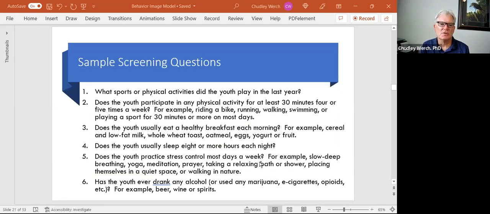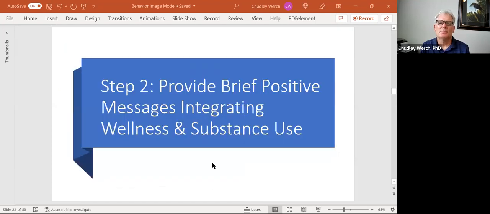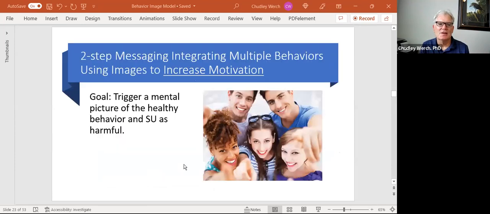So, for example, here are some examples of the screening questions used in, I think, the sport prevention plus wellness program. You know, sports and physical activities and nutrition and breakfast and sleep and obviously alcohol or other substance use. Then providing brief positive feedback messages, which integrate wellness and substance use.